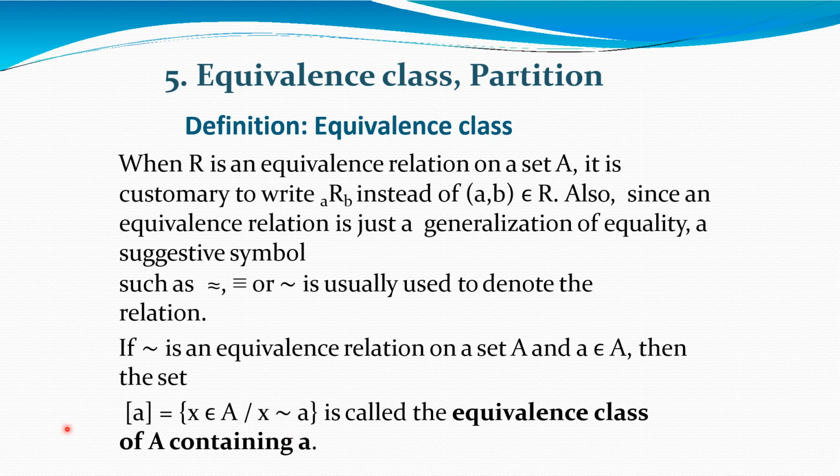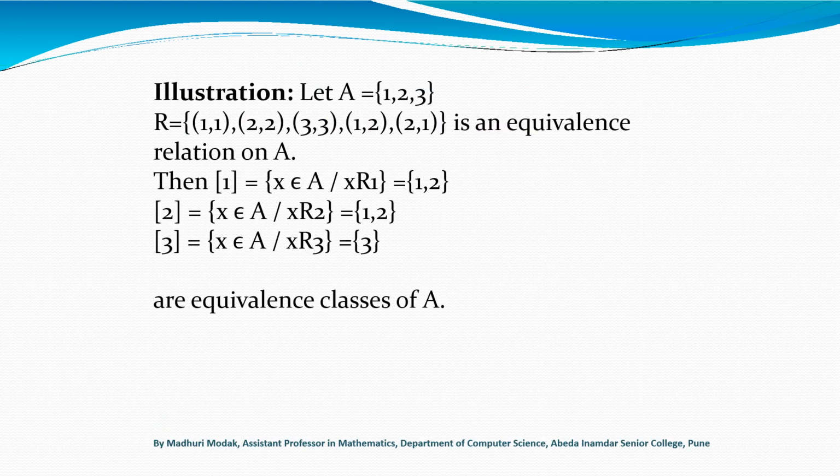So the equivalence class of a contains all those elements x in A which are related to a. Definitely this set is non-empty, as every element a in A is related to a because the relation is reflexive. So every equivalence class is non-empty.